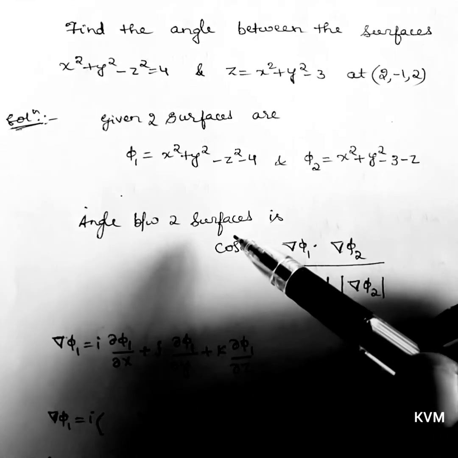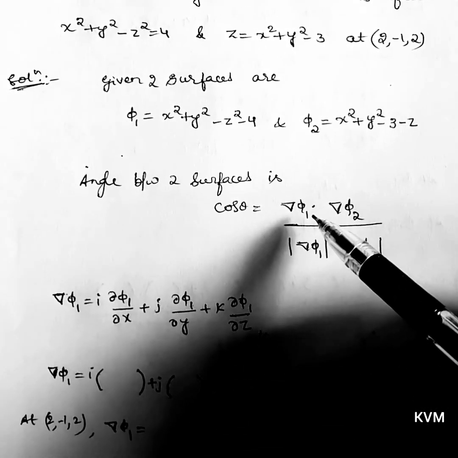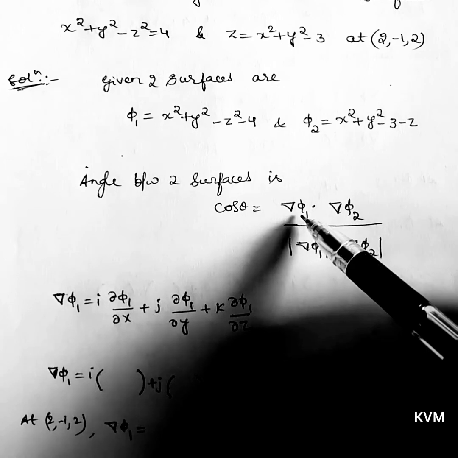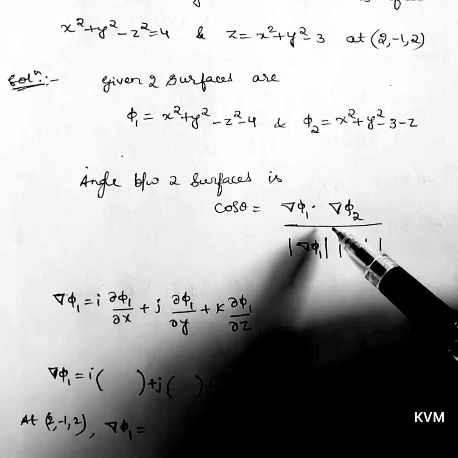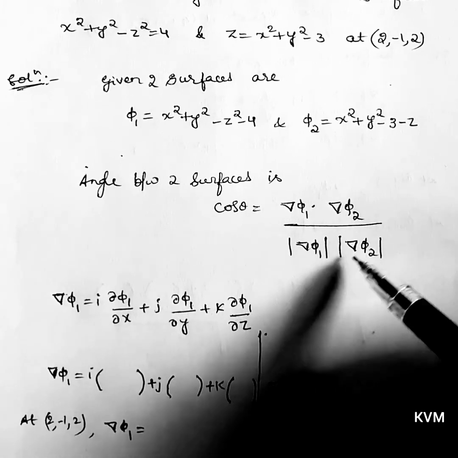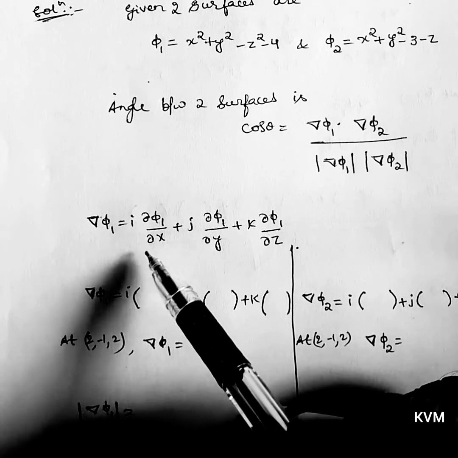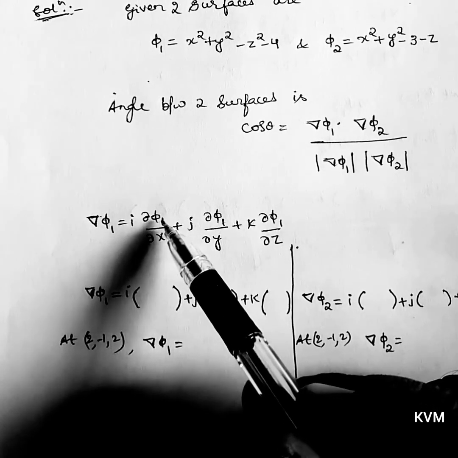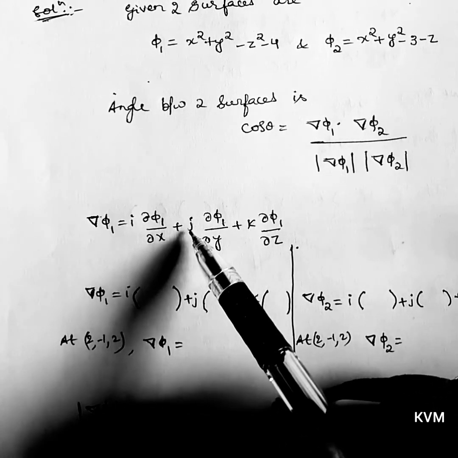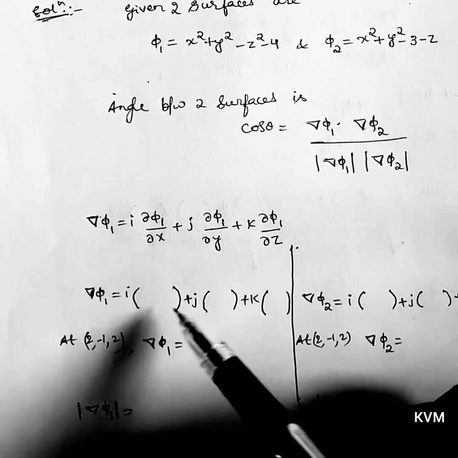So we know that angle between two surfaces is cos theta, that is dot product of del phi 1 and del phi 2 divided by mod del phi 1 into mod del phi 2. So we know that del phi 1 is i into del phi 1 by del x plus j into del phi 1 by del y plus k into del phi 1 by del z.